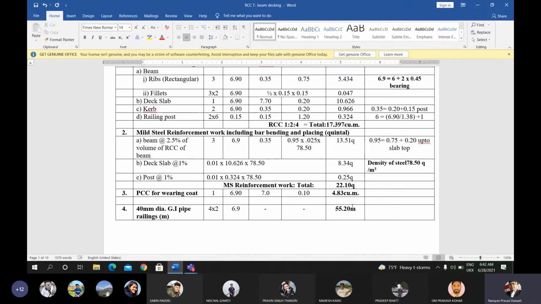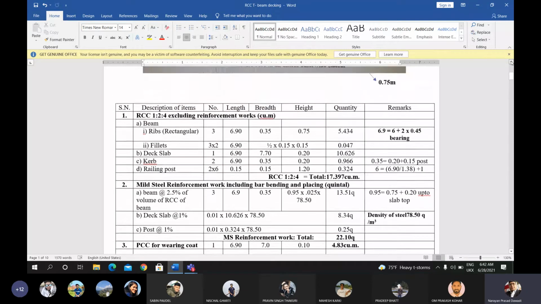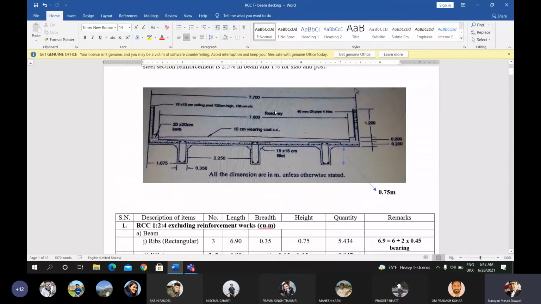Now for the 40 mm diameter GI pipe railing, you can see here in the figure. In the figure, on the right hand side, there are 4 numbers of circular holes in the railing post.